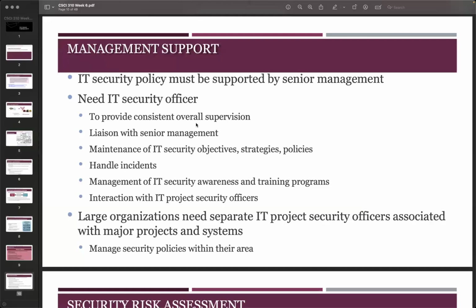And when the company size gets bigger, or has a more complex hierarchy, with more people having access rights, they need a separate IT project security officer associated with the major projects and systems. Over the last 10 years, there has been more hacking access to company resources and data, and some sensitive information has been stolen. So companies increased positions, at least one security or network security manager or technician, to review all the settings, whether hardware or software, for the company.